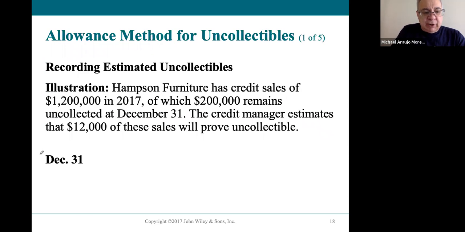So first things first, at the end of the year, they have to estimate their uncollectibles. So this is a furniture company that in 2017 had $1.2 million of what we call credit sales. This is a very interesting term. Credit sales is the same as selling on account. Remember a sale on account?